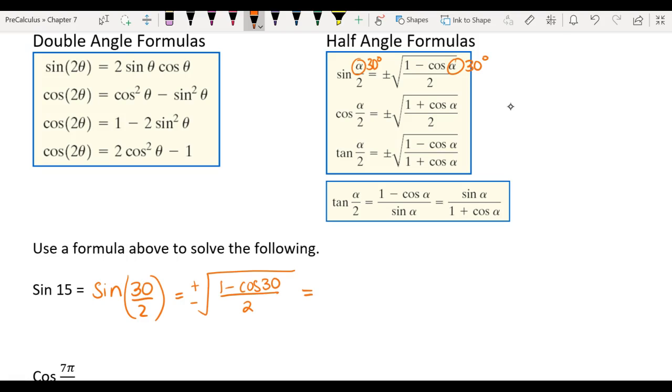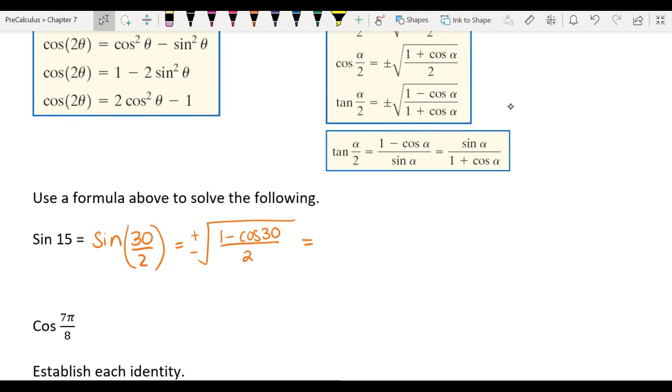Again, you need to know these 30, 60, 90 and 45, 45, 90 triangles. So if it's cosine of 30, this is 1, 2, and this side is the square root of 3. That gets us positive and negative square root of 1 minus square root of 3 over 2, divided by 2.